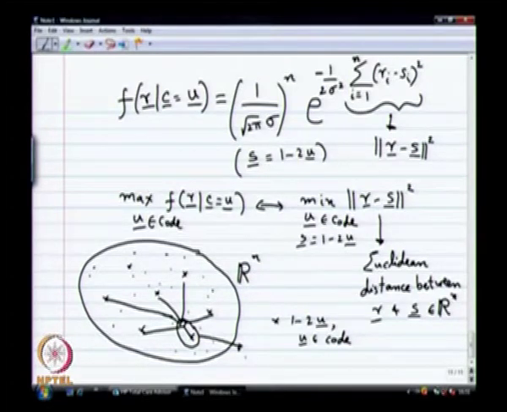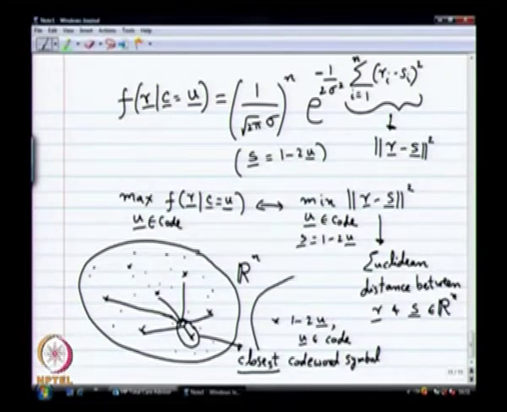So, the ML decoder is finding the closest code word symbol. The closest is now defined with respect to Euclidean distance.